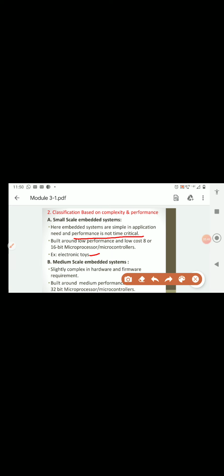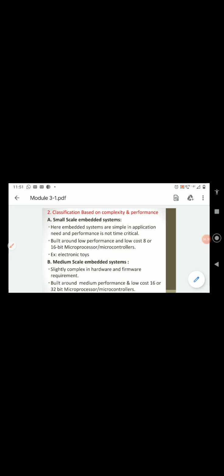You can consider electronic toys as an example of a small scale embedded system, or you may consider an electronic trimmer machine as one more example, and you may consider an electronic hair dryer. That is also an example of a small scale embedded system. There are many examples, you can go through that. So these are the three examples: electronic toys, trimming machine, and hair dryer.